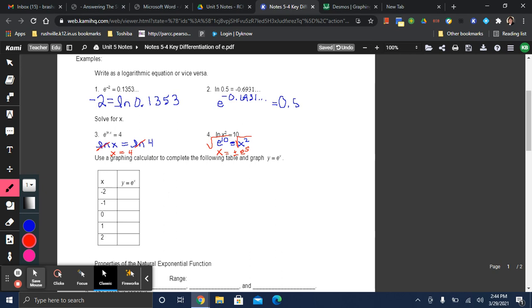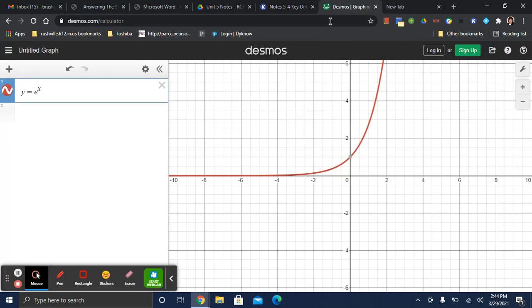All right, then we'll take a look at the graph of y equals e to the x. So I've gone ahead and gotten that on Desmos. This is a picture of y equals e to the x. Notice that it is a continuous graph. It's increasing. It's concave up.